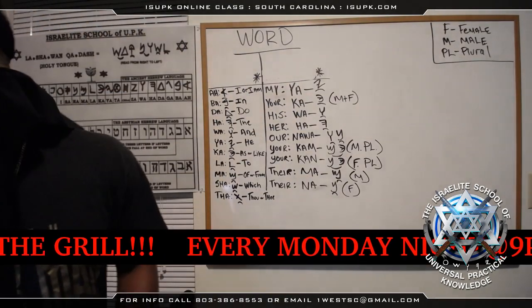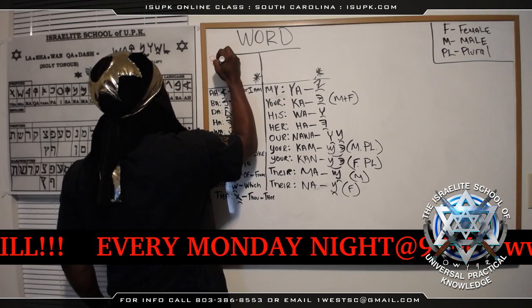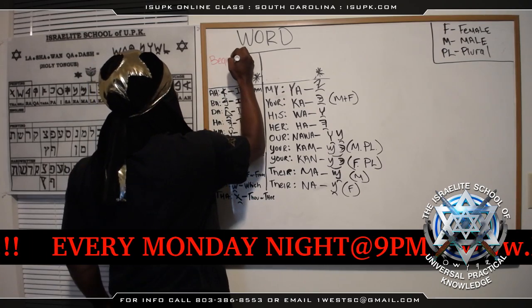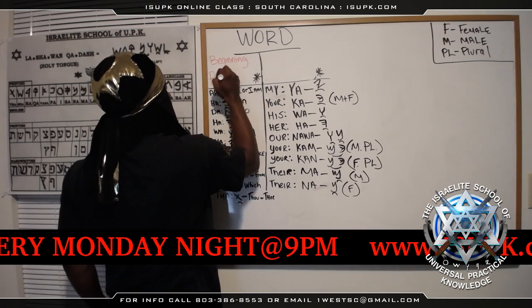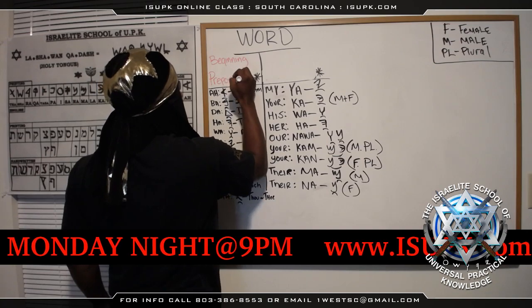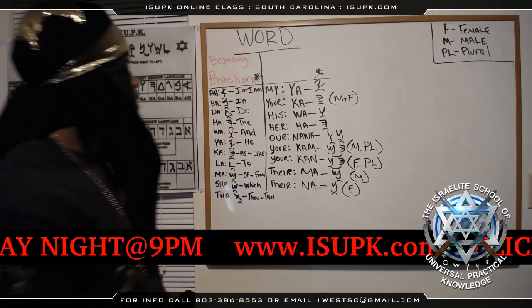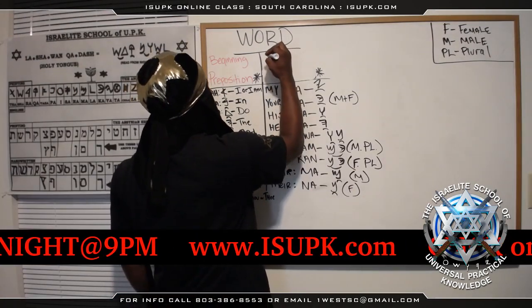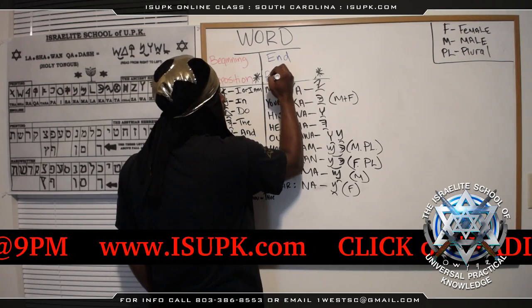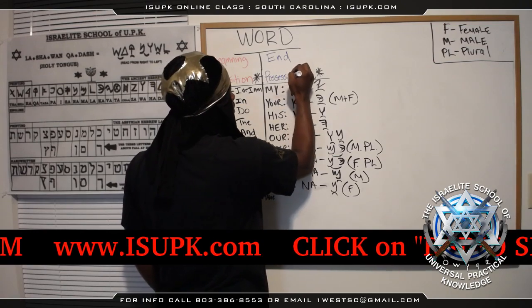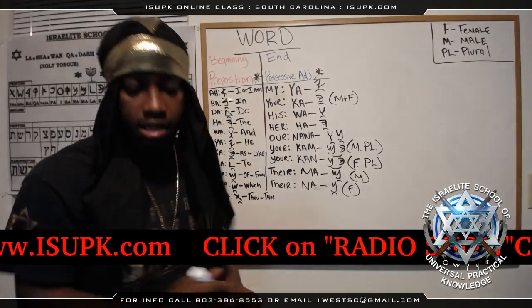So the beginning is a preposition, right? So prepositions will be written in red, and then blue will be the N words, because possessive adjectives come at the end of the word.